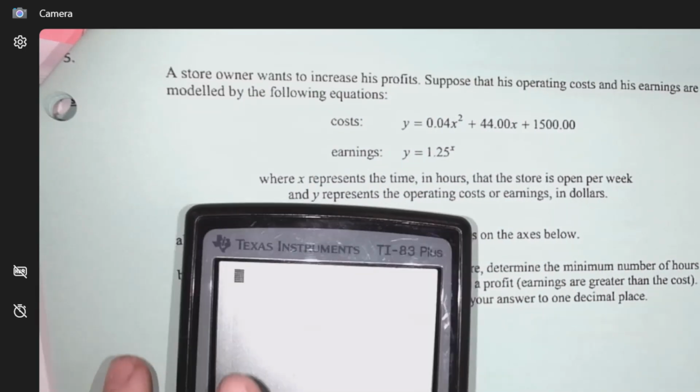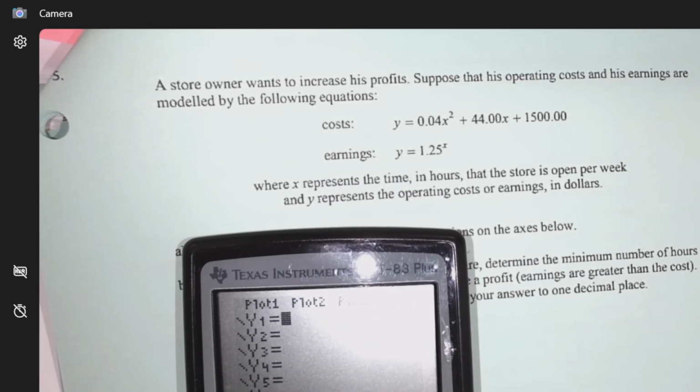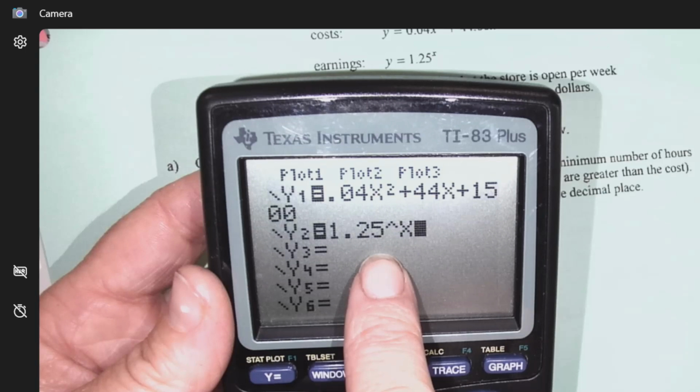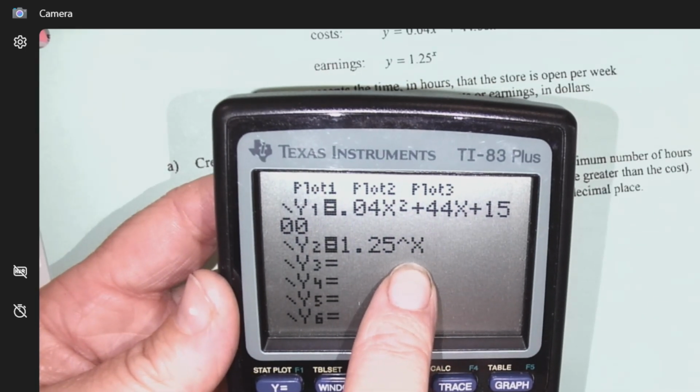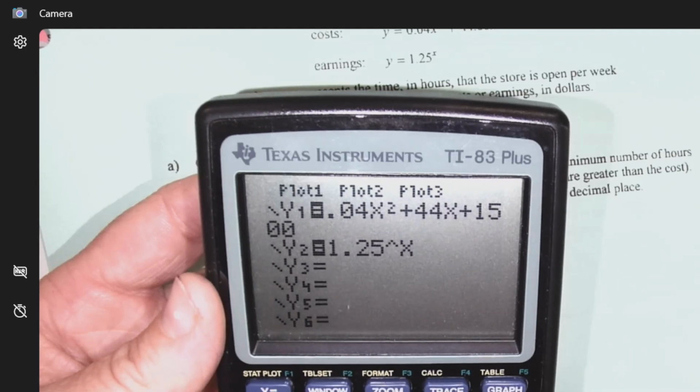Okay, so I need you to actually go into a y1 and a y2. And I need you guys to understand the second equation is an exponent x. Do you see the exponent x button? That's tricky.